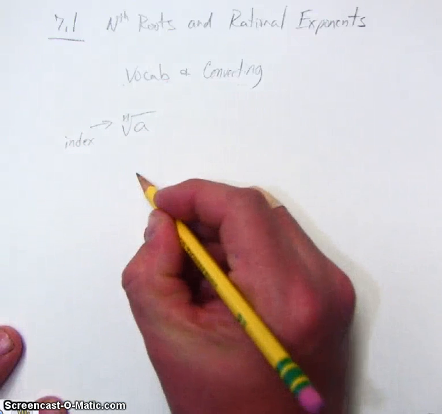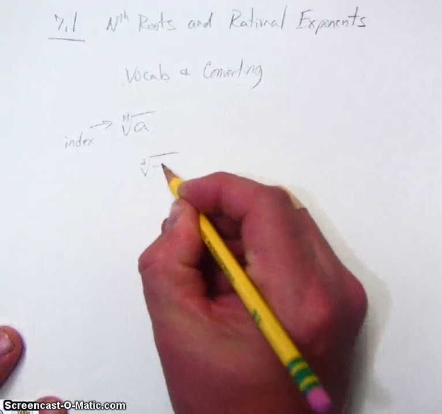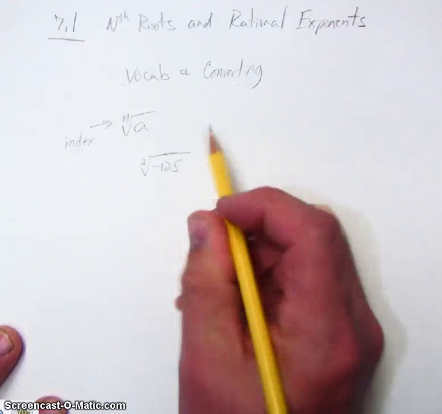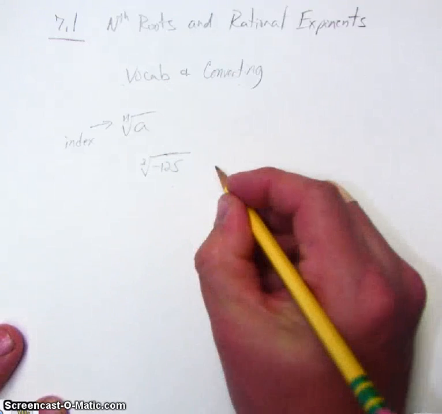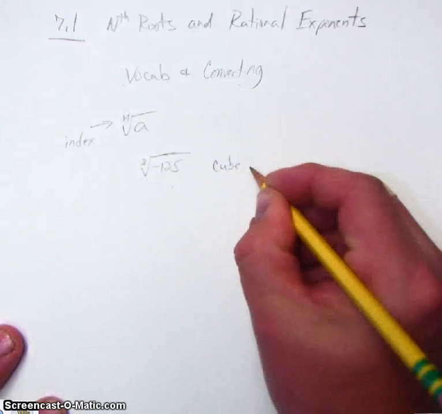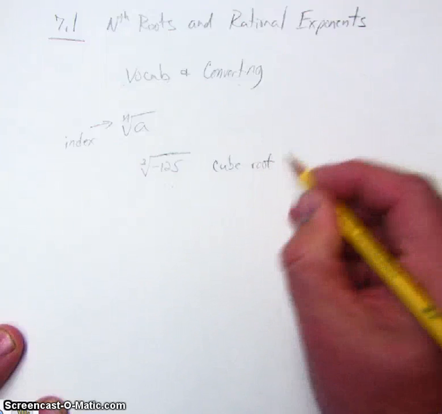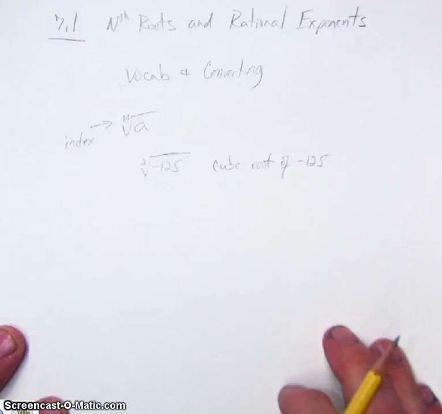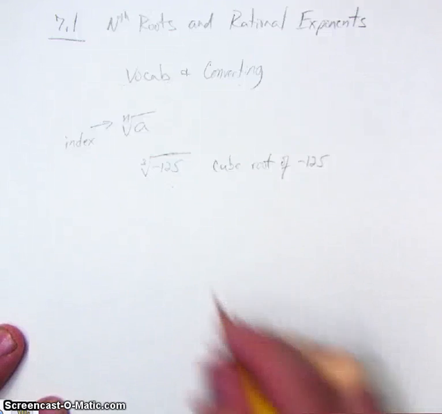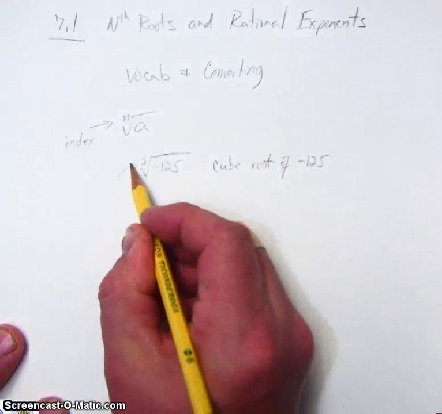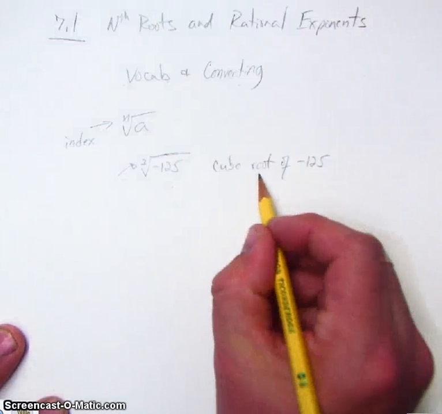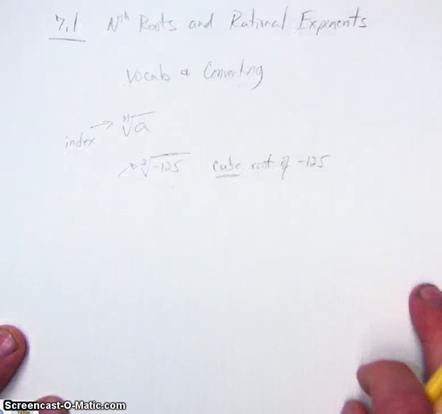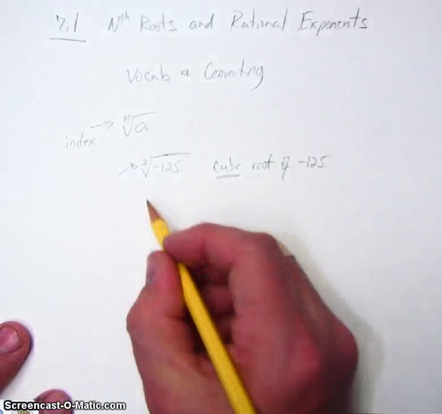So for example, how you state this is called the cube root of negative 125. Okay. The index is 3. It's the third root. It's cube root. That's your index.